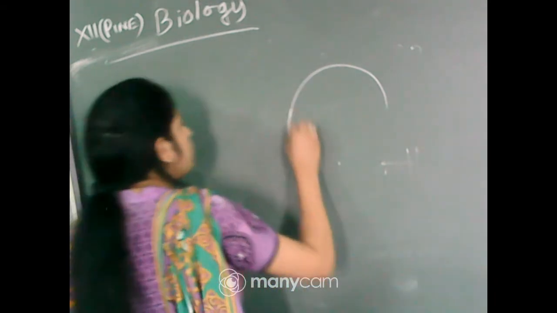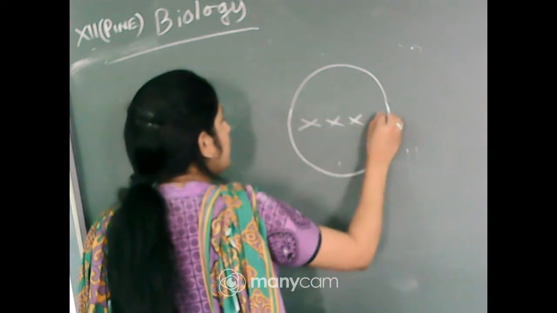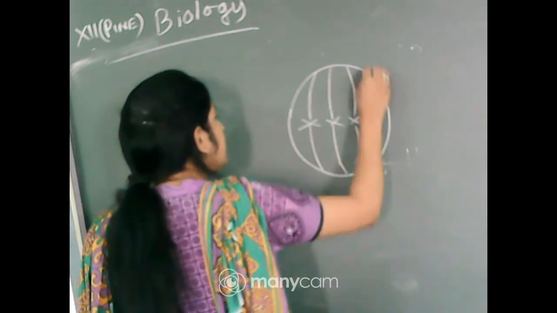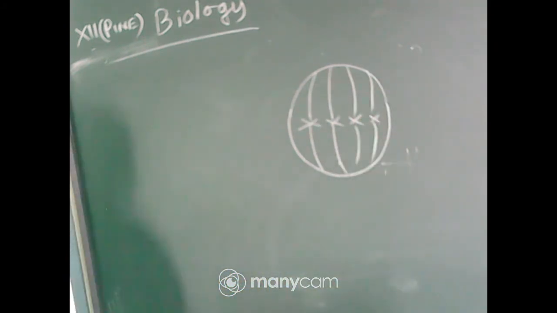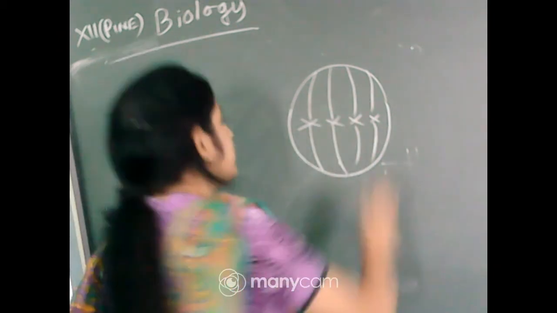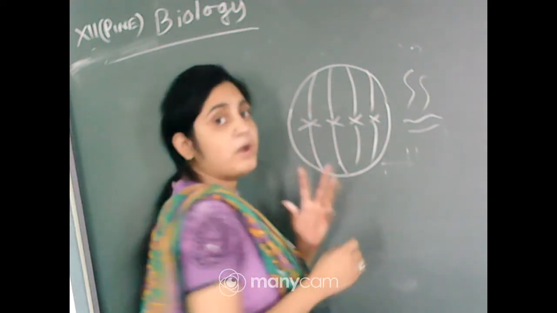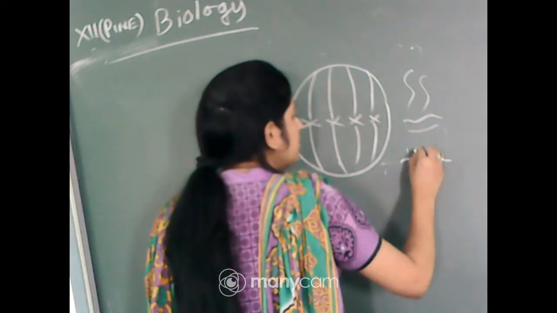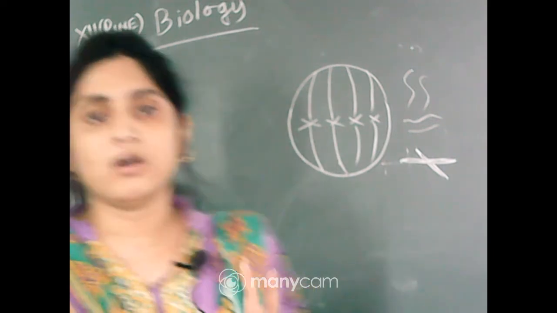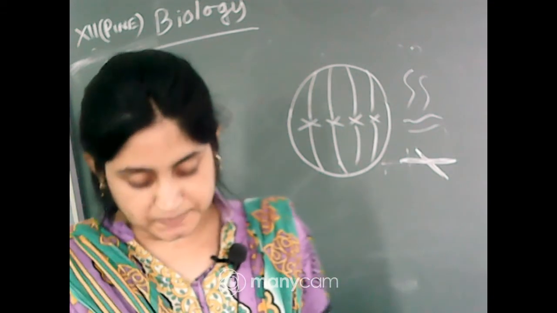When you see cell division, the chromosomes look like this and they form in the middle of the cell. You can only see chromosomes at the metaphase stage, because chromatin is actually thread-like, and when it condenses it forms the chromosomal structure.